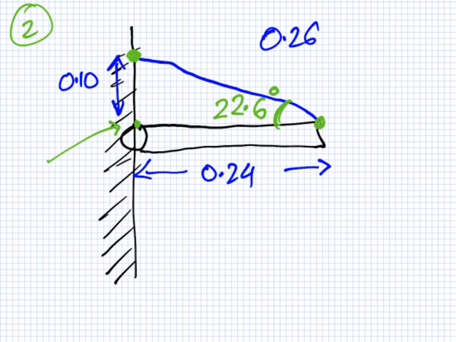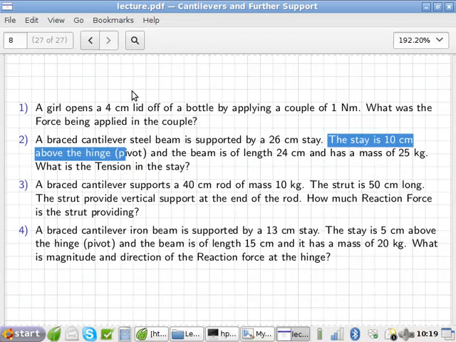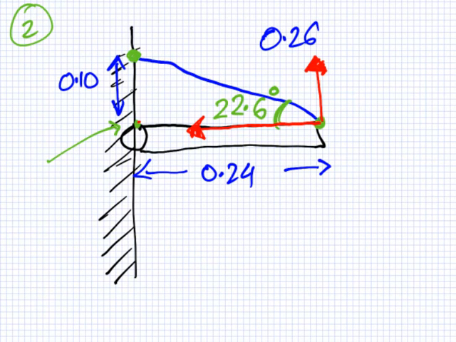So we can resolve. Here is T cos, and here is T sine, and here is the reaction as well. But what do I want? I want the tension. Oh yes, of course, and there's the weight, 25G.